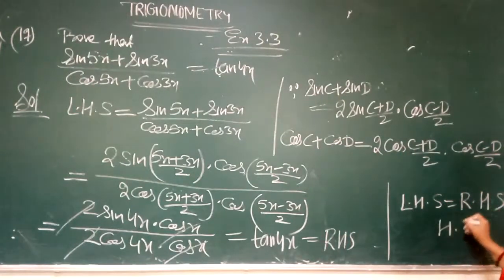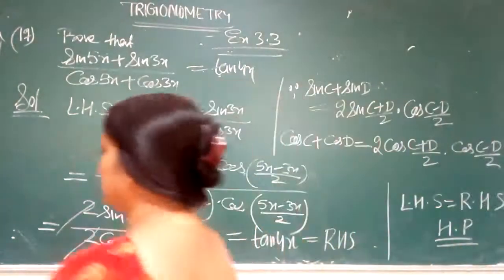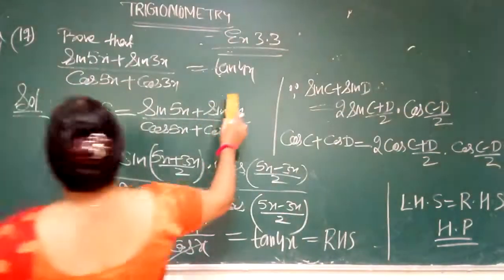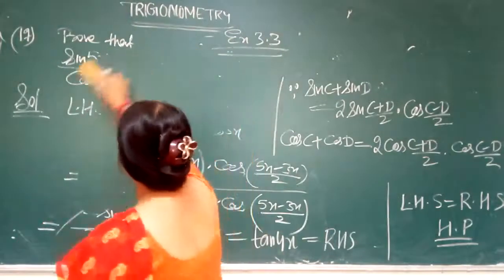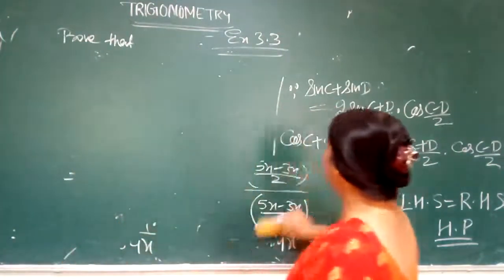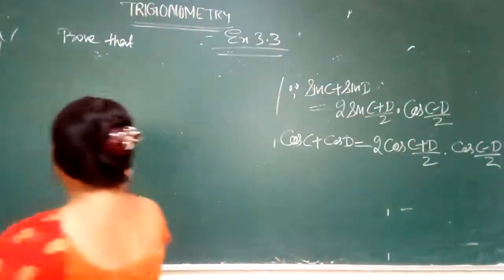Hence proved. So this is the solution of question number 17. Now students, question 18 is the same. Now after that we will solve question number 18. 18 is also the same. You have to prove it; you know the formula of sin A minus sin B, cos A minus cos B.